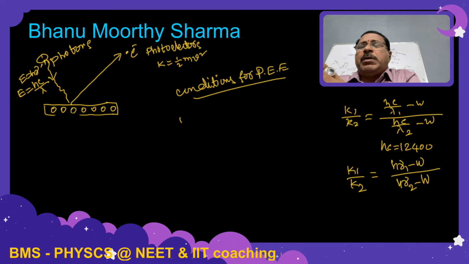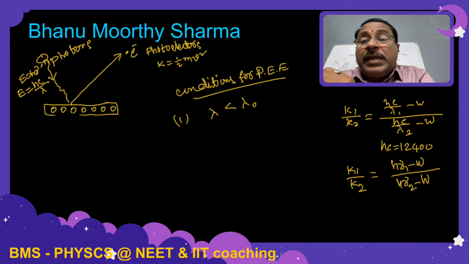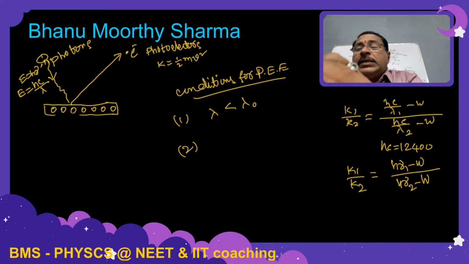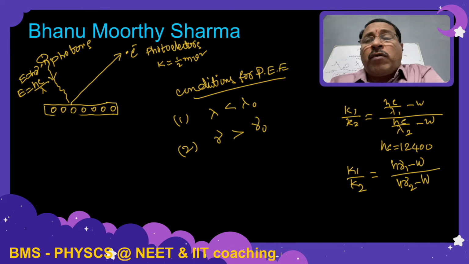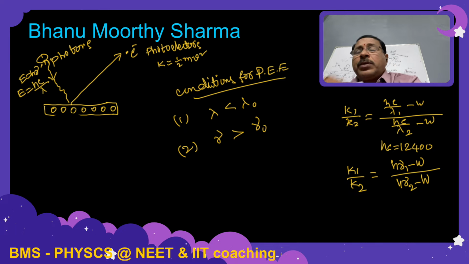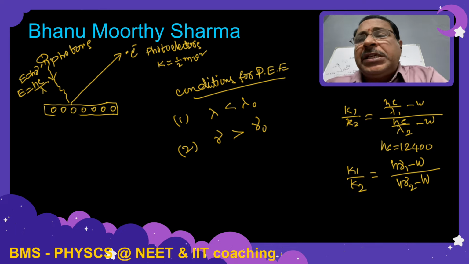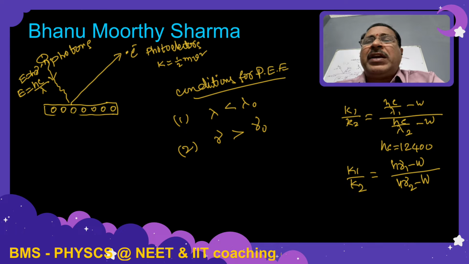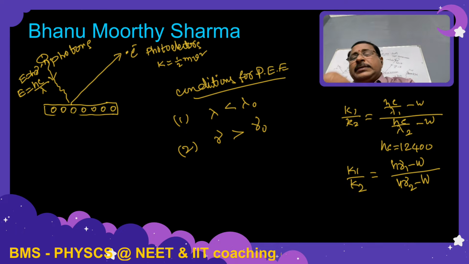What are the conditions? Number one, incident light wavelength should be less than threshold wavelength for the metal. Then only photoelectrons are released from the surface. Second one is frequency of incident light should be greater than threshold frequency. Then only electrons will be released from the metal. Under these conditions only, photoelectric effect occurs.